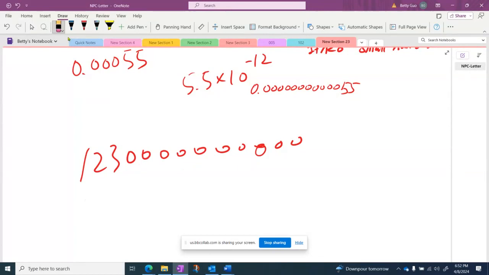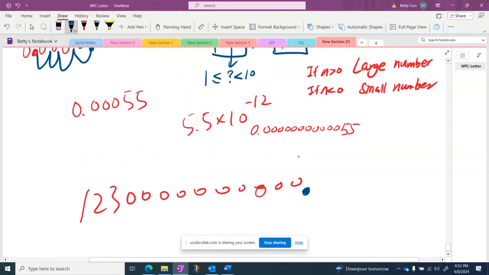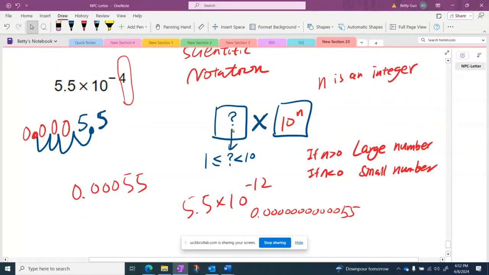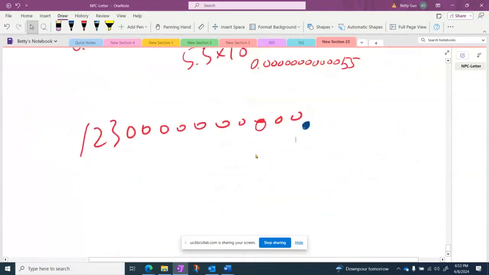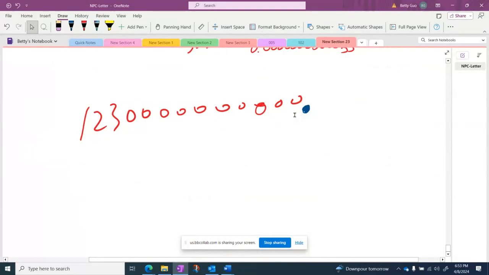Firstly, we need to agree this is a whole number, but this whole number actually has a hidden decimal point, right by the foot of the last digit. So now we are going to move the decimal point somewhere to get a number between 1 and 10, because the first part of the scientific notation has to be a number between 1 and 10. 1 is fine, but 10 is no. So we have to move the decimal point somewhere to get a number in that range.